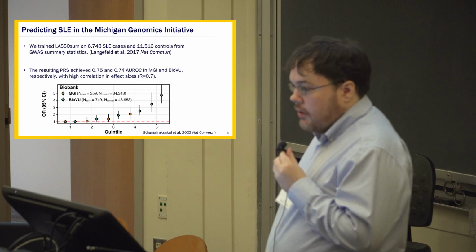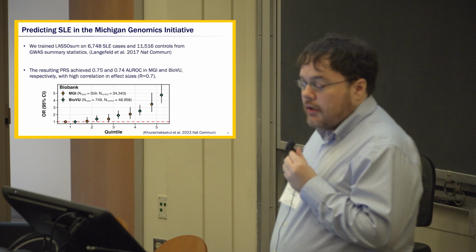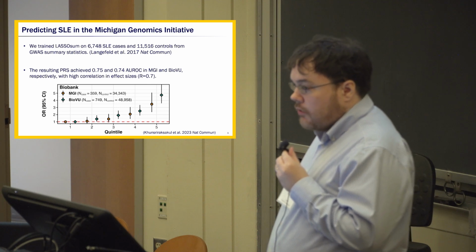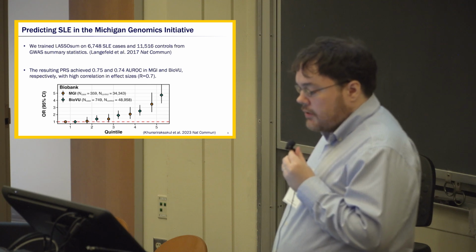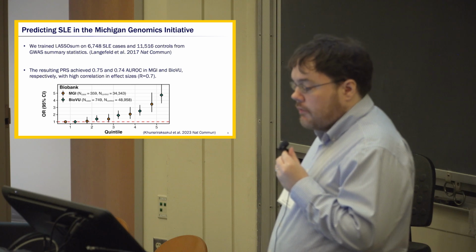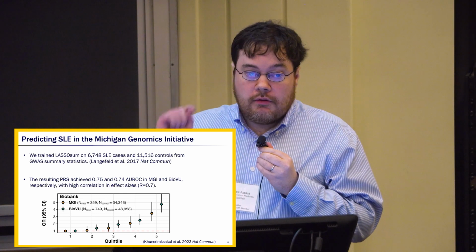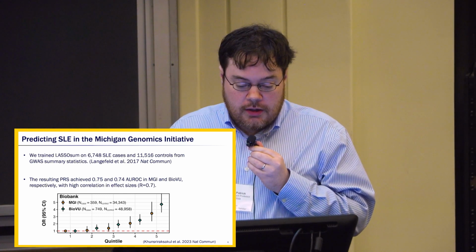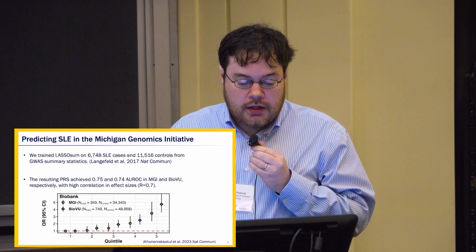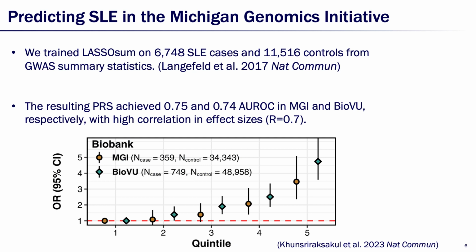And interestingly, between these two different data sources, we had very good correlation of the effect sizes, with a 0.7 correlation, and this is illustrated by the diagram here, where along the y-axis we have the odds ratio for BioVU and on the x-axis for MGI, so we can see that as the odds ratio increases for MGI, it does for BioVU.